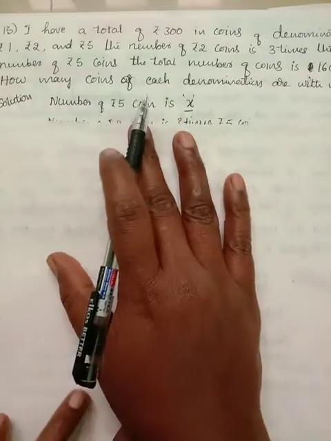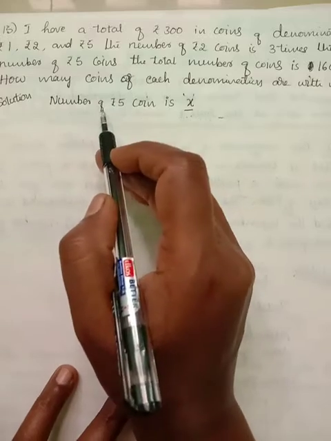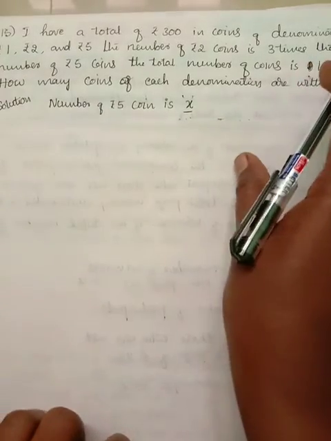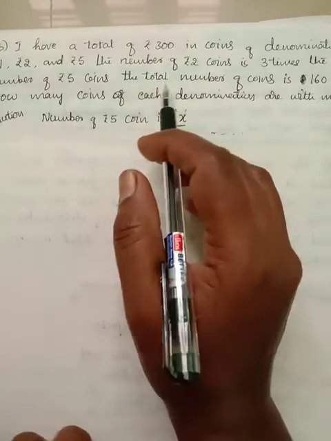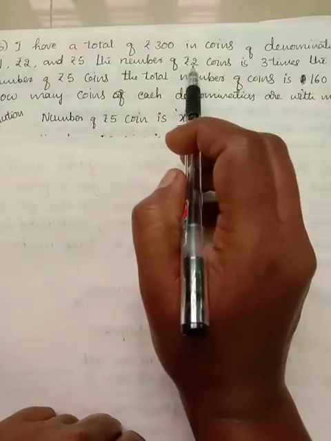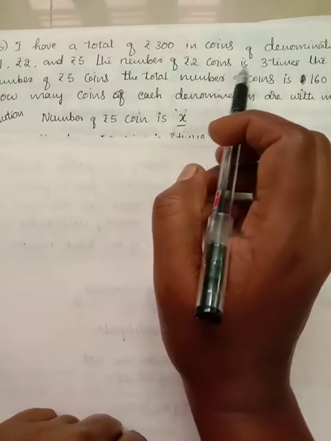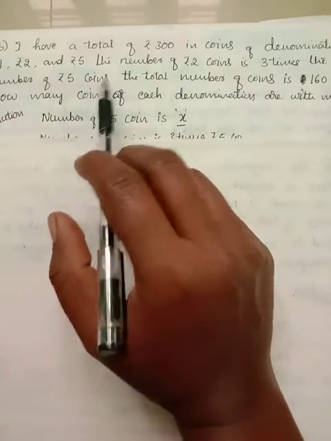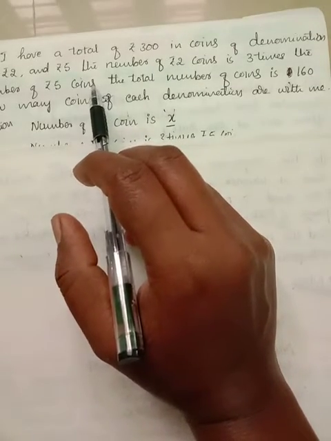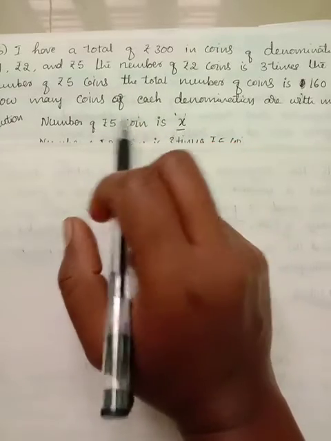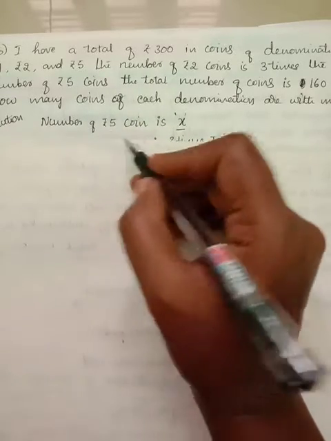Look here, solution. The number of rupees 5 coins is x. See here why I am writing the 5 rupee coin as x: the number of rupees 2 coins is 3 times the number of 5 rupee coins. That's why we are taking the 5 rupee coin as x.